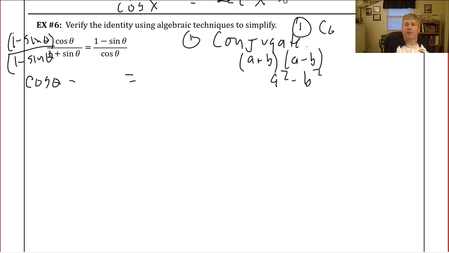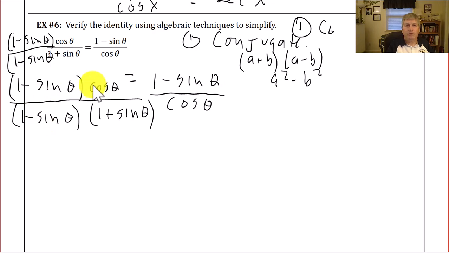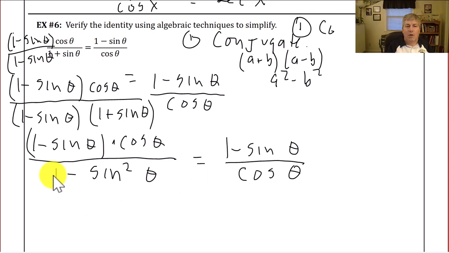Actually, I'm not going to distribute that after all. So just showing my work, I get 1 minus sine of theta times cosine theta all over 1 minus sine of theta times 1 plus sine of theta. So that denominator is going to become 1 minus sine squared theta.